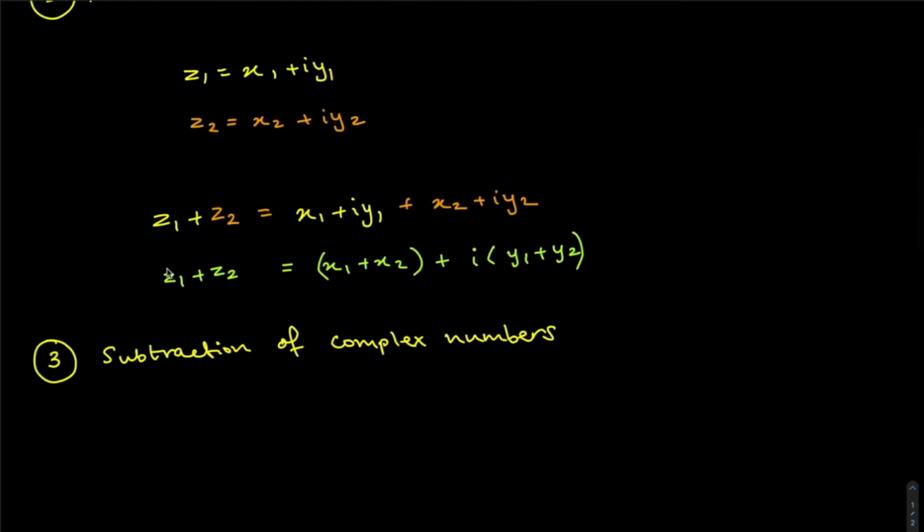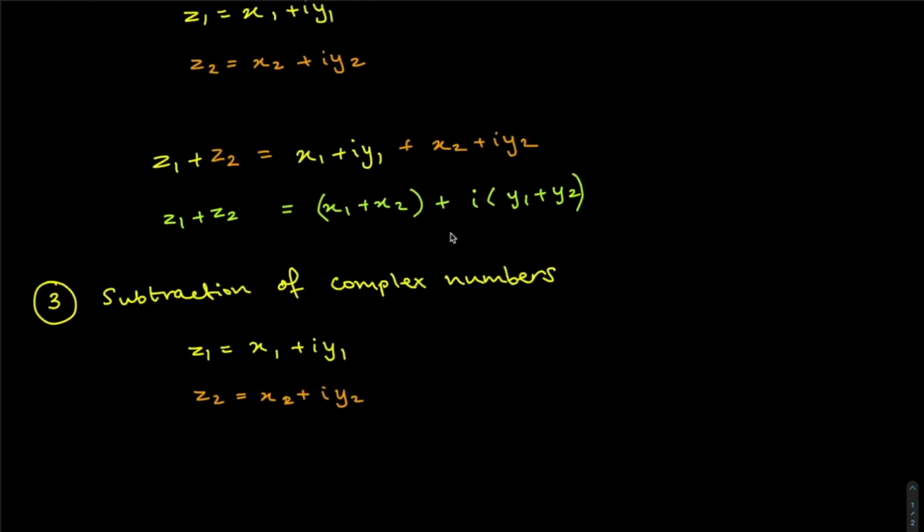Like we did before with Z1 plus Z2, we're going to have Z1 minus Z2. I'll just write it again for the sake of it, but I think you get the gist of it anyway.